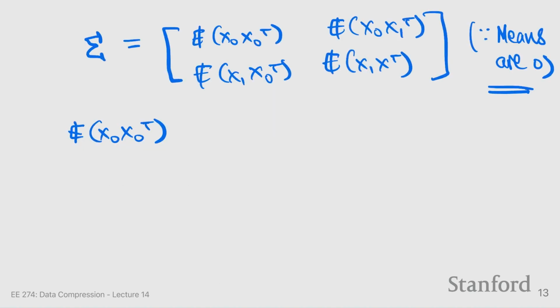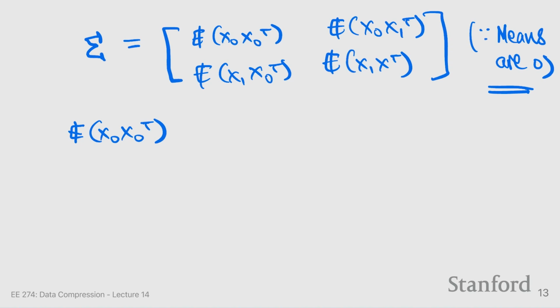So you can just write your covariance matrix as where diagonal terms are just expected value of the same element, x0, x0 transpose, here x1, x1 transpose, and the non-diagonal elements are just x1 with x0. So that's the covariance matrix, right? If this was diagonal, then you would know that there is no covariance between components which are away, and these are really just like IID components. They don't have any correlation.